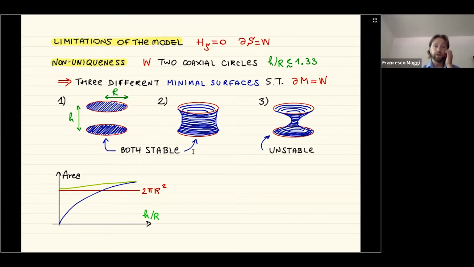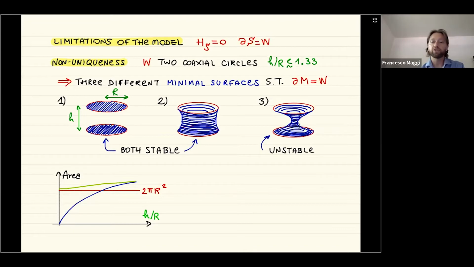Although you expect to observe only the first and the second options, never the third option. This is called the unstable catenoid. This is a surface that mathematically has a non-trivial Jacobi field, which means, down to earth, perturb it slightly and decrease the area.